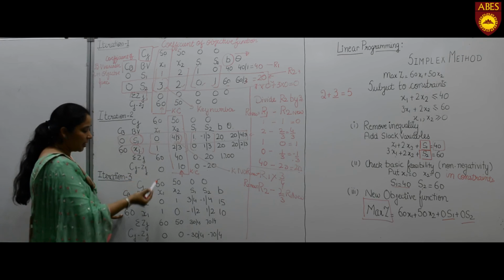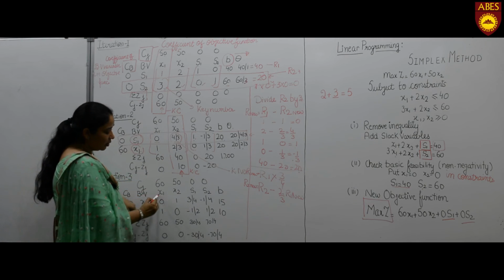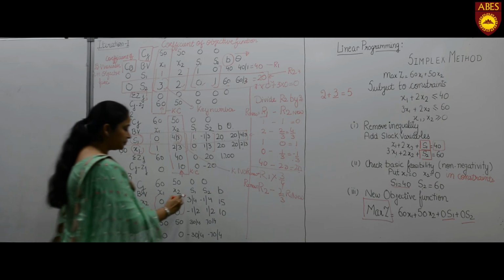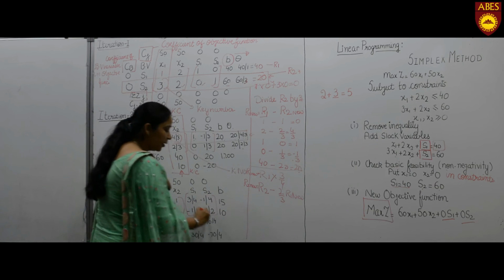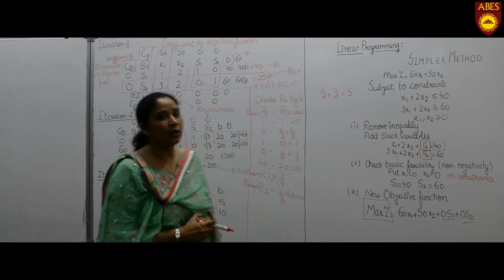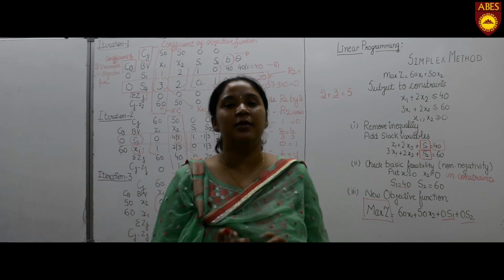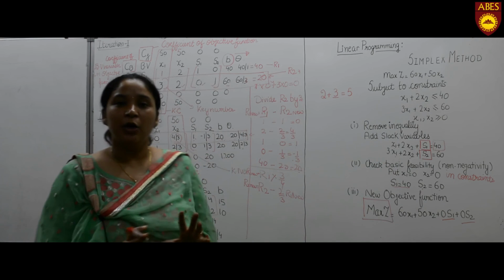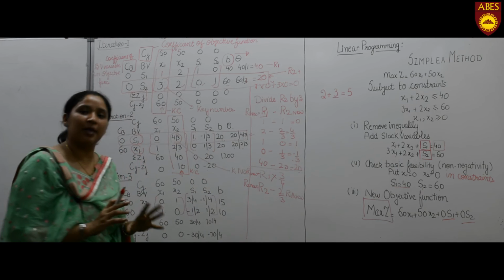We have 0, 1, 1, 0, our identity matrix. This is our body matrix. Now we will find out the value of Zj and Cj minus Zj, to confirm that our solution is over. We have to do this final step.